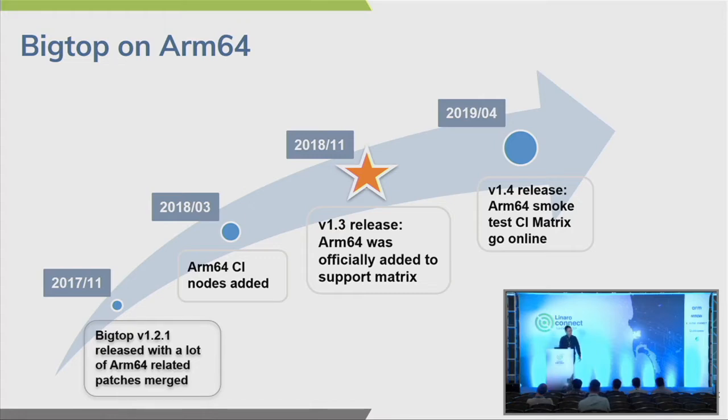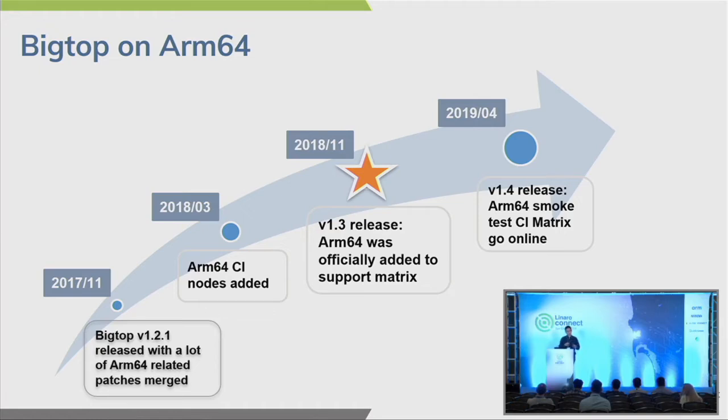And finally, in November 2018, ARM64 was officially supported by Bigtop with release 1.3. And in April this year, the ARM64 smoke test CI matrix went online with release 1.4.0.